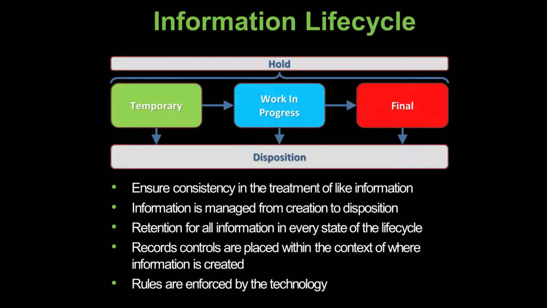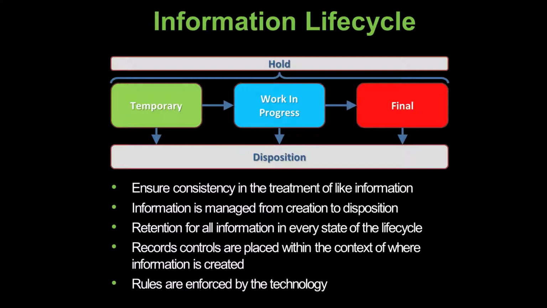An example here is that information gets created in a human resource area of the organization, and human resource has a particular type of records controls that need to be assigned to it. We can start to automatically assign those controls, things like security, things like retention policies, things like metadata, and more importantly, how we classify that HR type information.